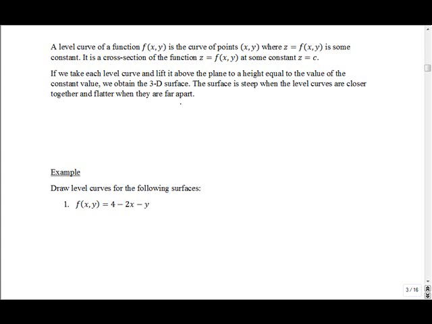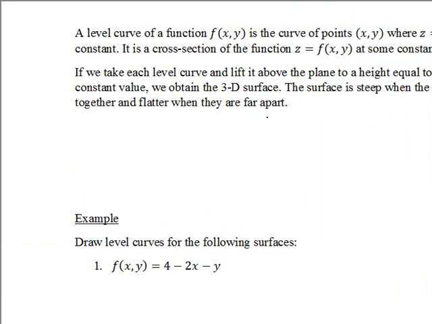Now, when you have a map, how can you find the three-dimensional plot from your 2D contour diagram or map? How do you do that? You take each 2D plot or 2D graph and you lift it to the level of the constant value of Z. So if you have a plot at Z equals 0, then you take that 2D diagram and you put it where Z equals 0.